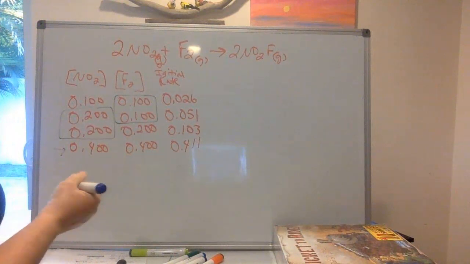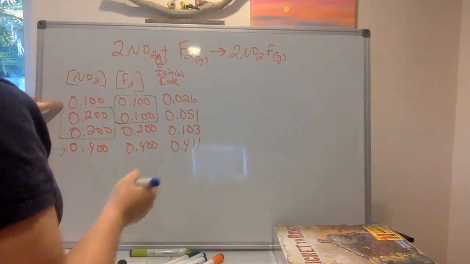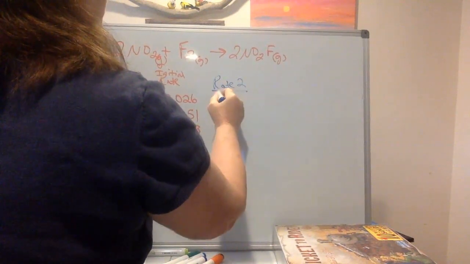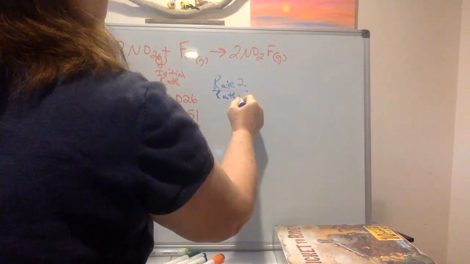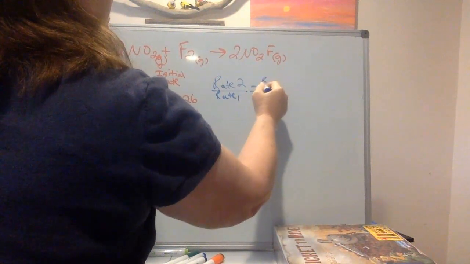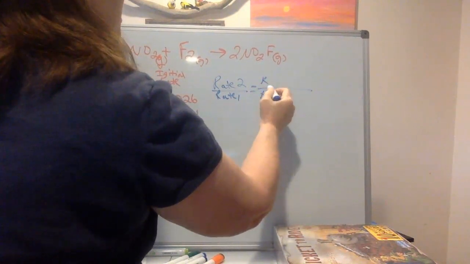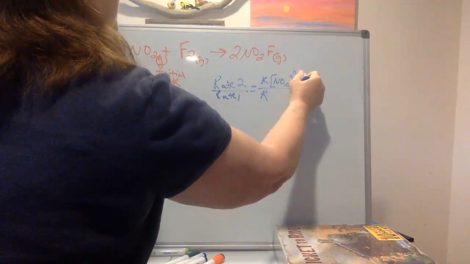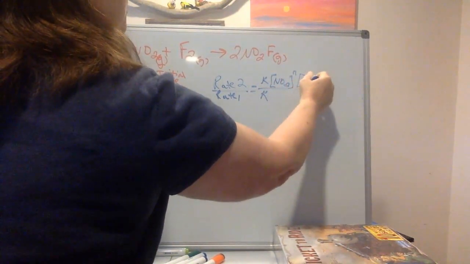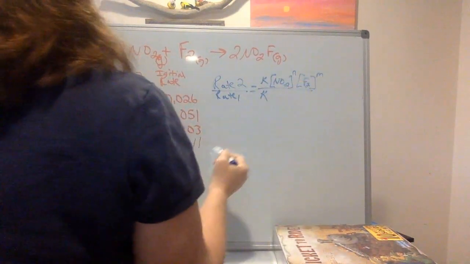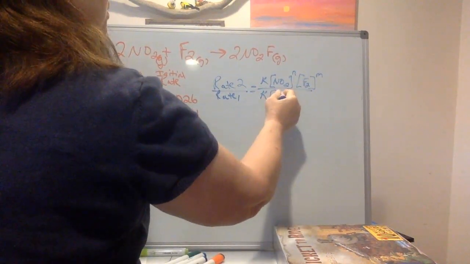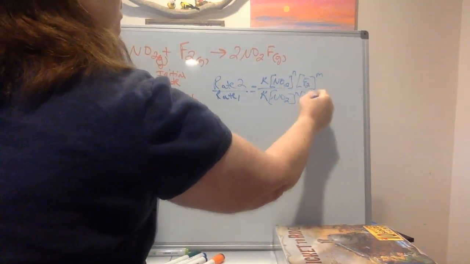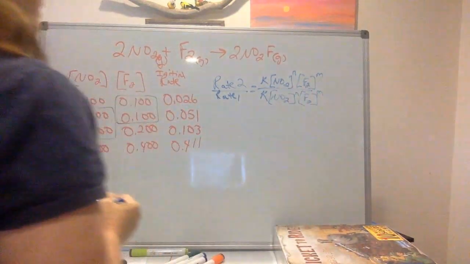Okay, so let's start out with 2 and 1. We have rate 2 over rate 1 equals K. Again, K is a constant, so we can rule that out. We have [NO2] to the n, and [F2] to the m, over [NO2] to the n, and [F2] to the m.